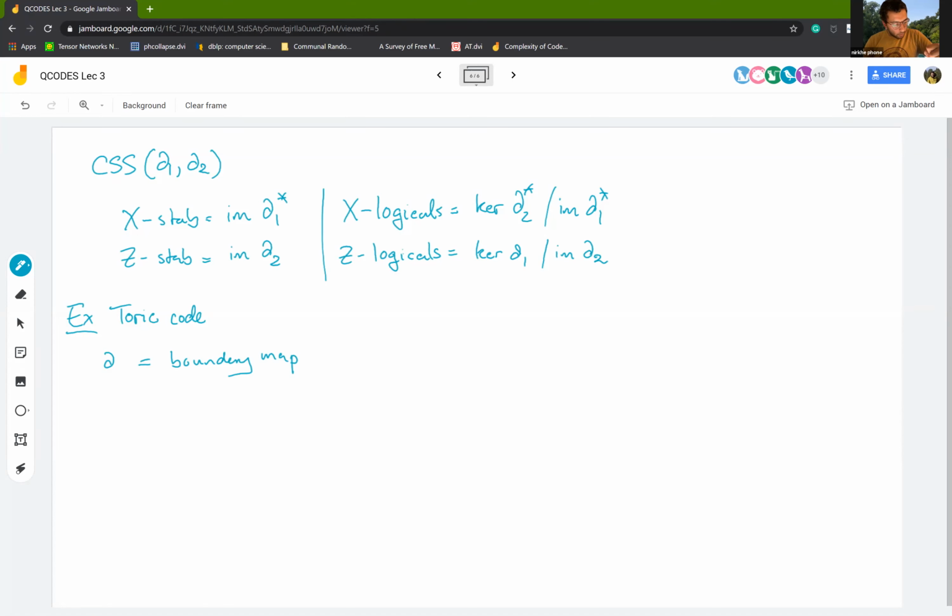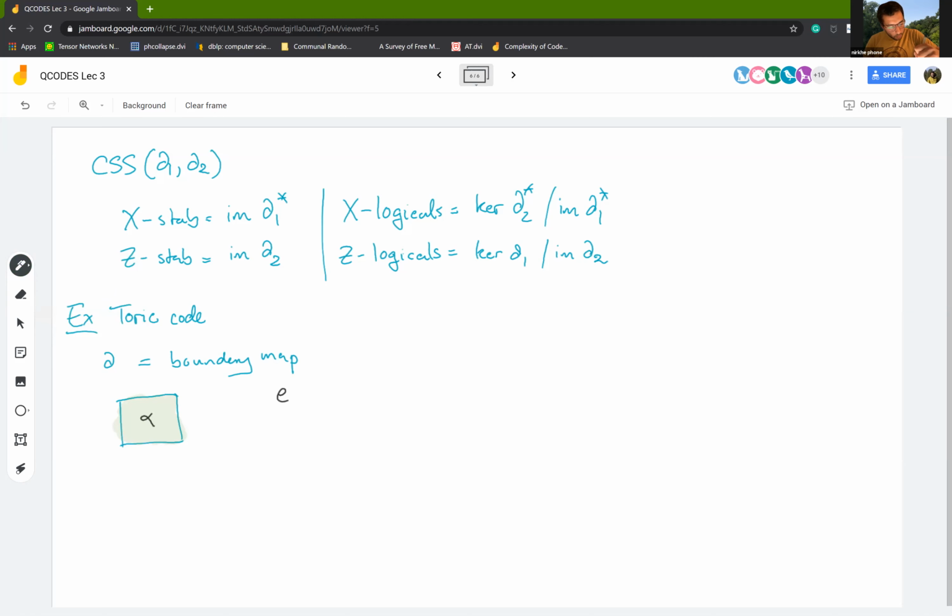A boundary map basically says I take a face, so if I have this face here, let's call it alpha.